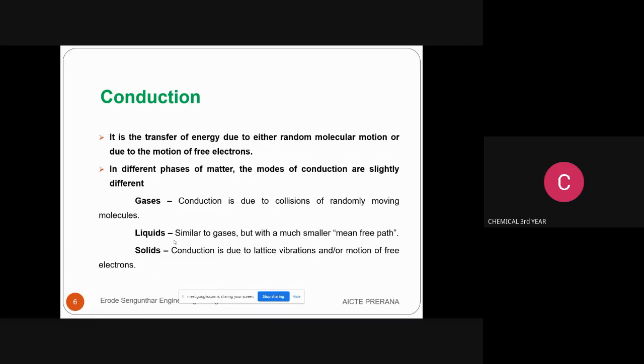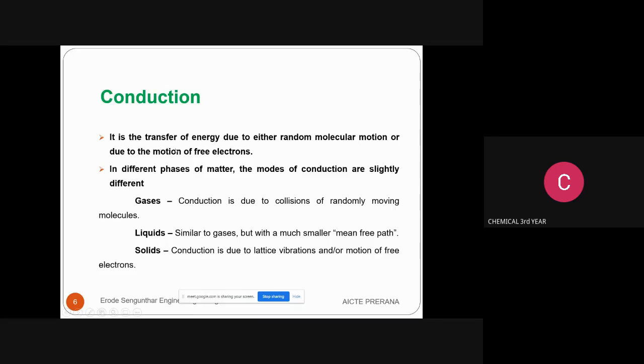In this session, among conduction, convection and radiation, specifically we are going to concentrate on the conduction process. As discussed earlier, what is conduction? Conduction is the transfer of heat due to the temperature gradient only, due to the formation of a temperature gradient, but inside the matter. Here also the same thing we have mentioned.